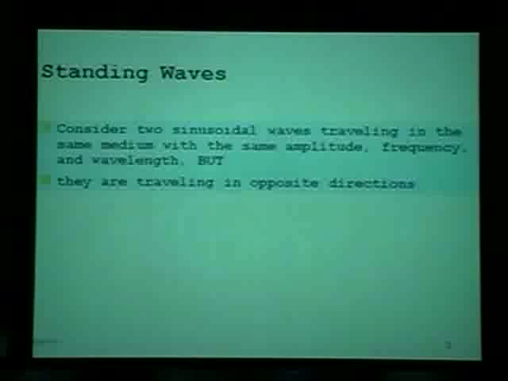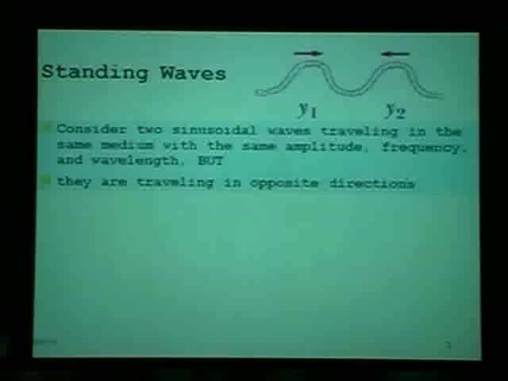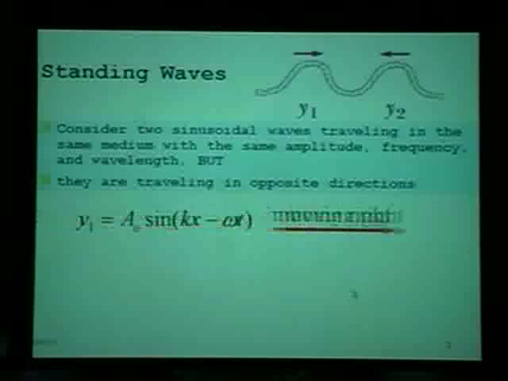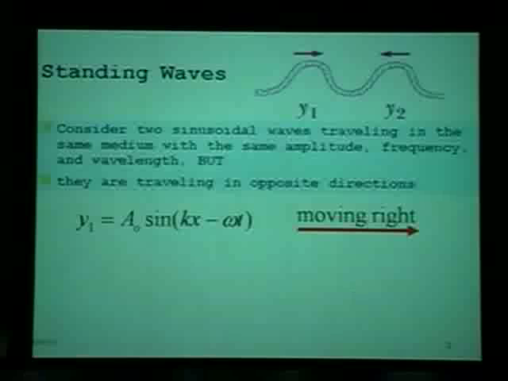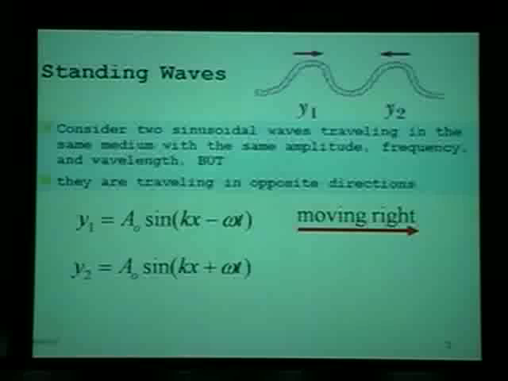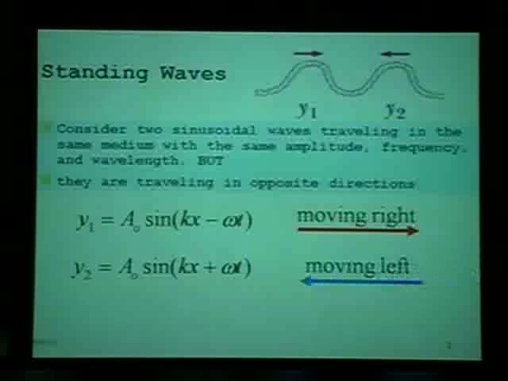We describe one wave, y1, as a naught sine kx minus omega t, the minus meaning it is traveling to the right. The equivalent wave would be y2 equals a naught sine kx plus omega t, traveling to the left because of the plus sign. Two equal waves moving in opposite directions.